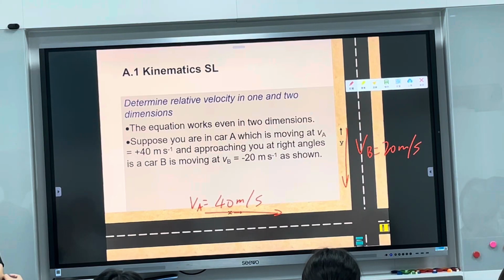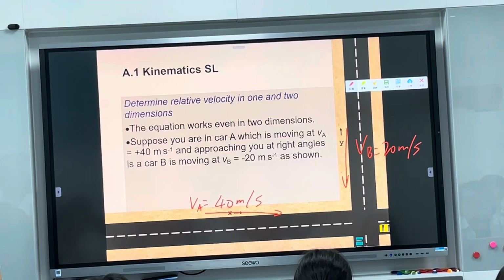Okay. So, forming a right triangle with 40 and 20, and the tangent.